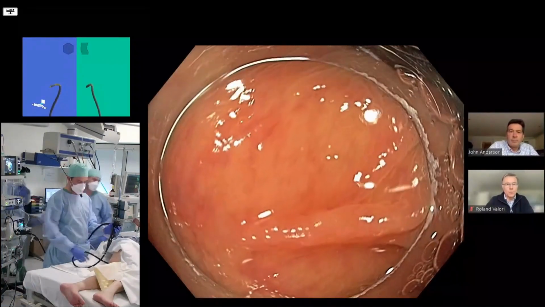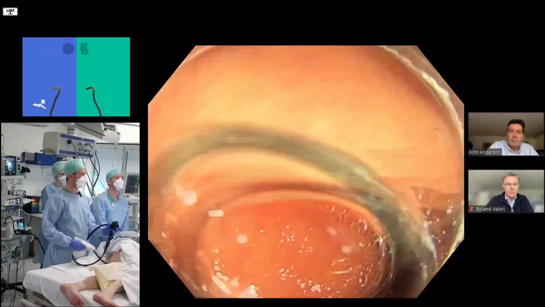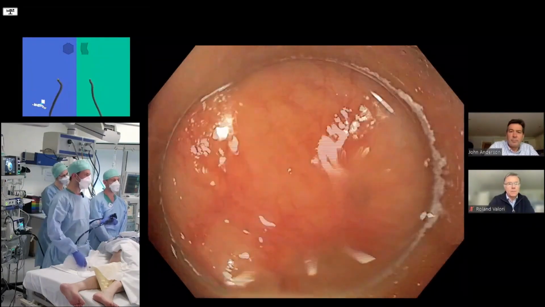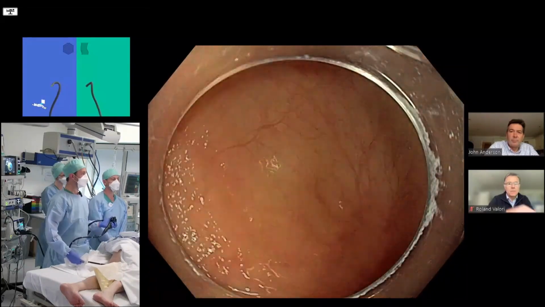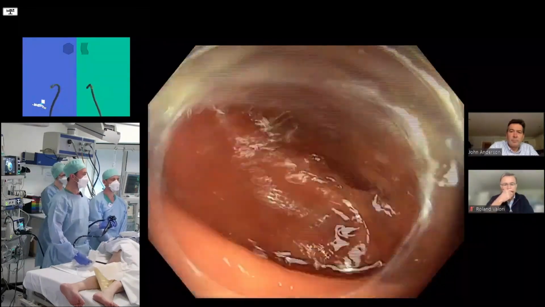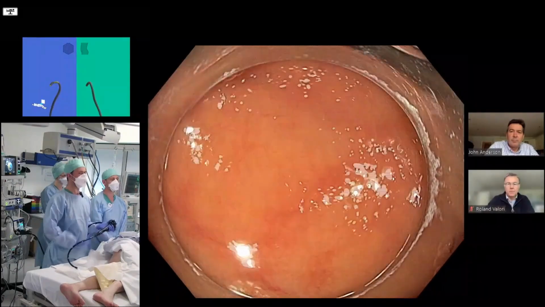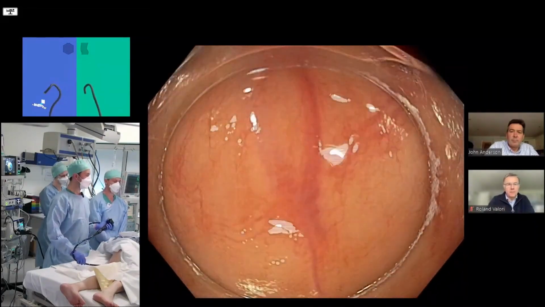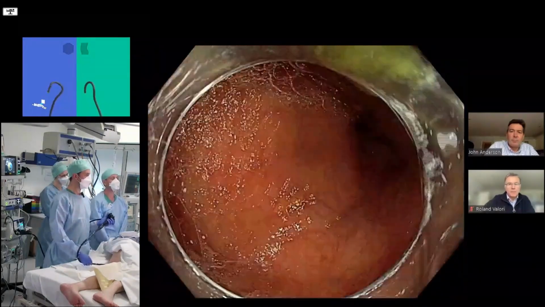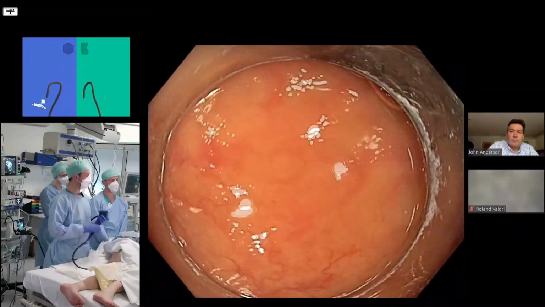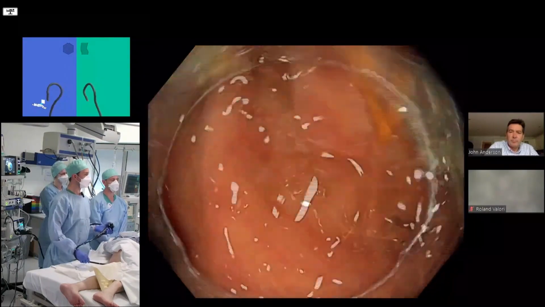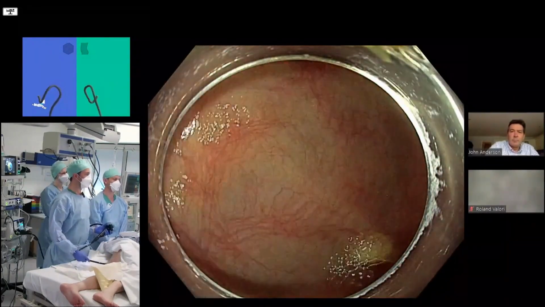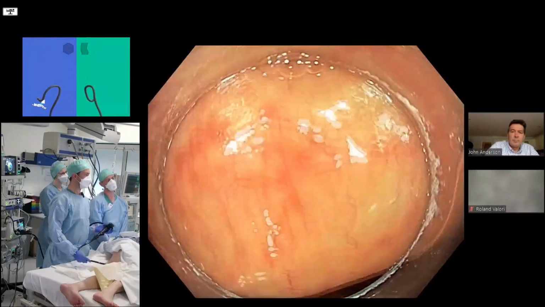Maybe Zander, if you haven't already, can we talk a little bit about this patient and what we have here? This patient had a colonoscopy in the middle of March in another center, and he had 3 polyps detected, one on the ileocecal valve, which was biopsied and was a tubulovillous adenoma with low-grade dysplasia on the biopsies. 1 polyp in the transverse colon, which was resected, and 1 polyp in the rectal area, which was also biopsied, and that was a tubular adenoma with low-grade dysplasia.